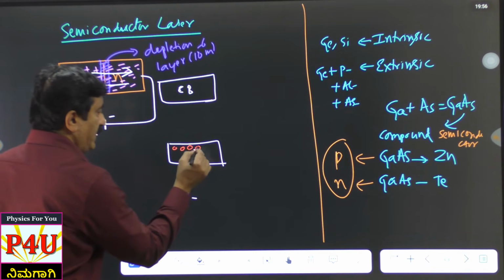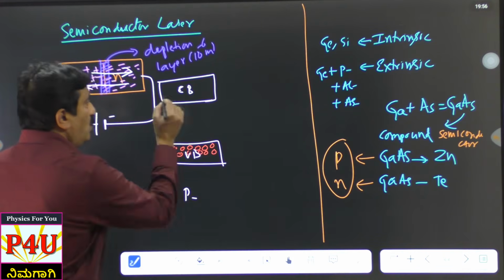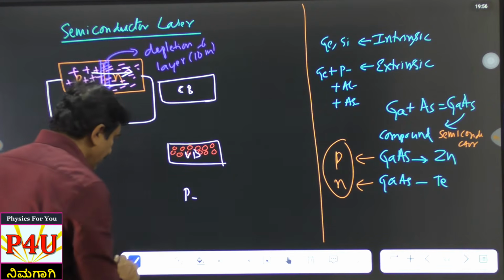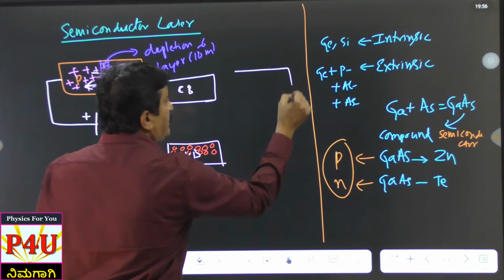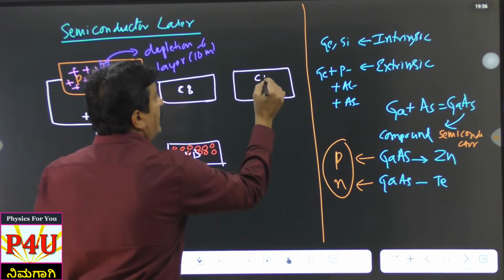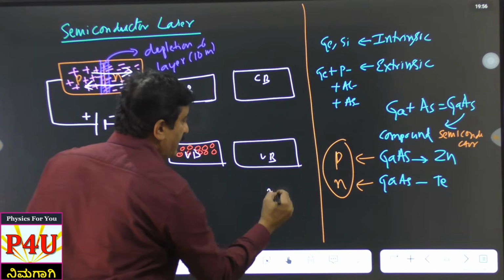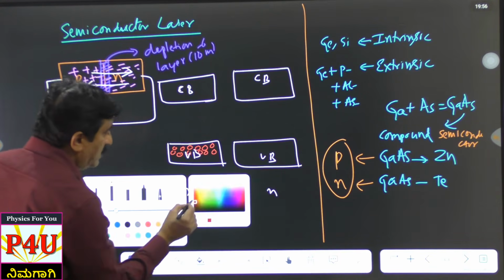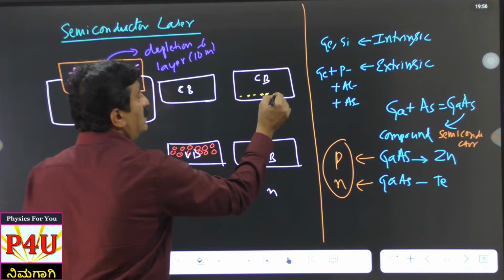I write holes here, so this color I reserve for holes. And no electrons in the conduction band. Similarly, if you write N-type semiconductor, conduction band will be here and valence band will be here, and in N-type semiconductor we have electrons. I use yellow color for electrons.